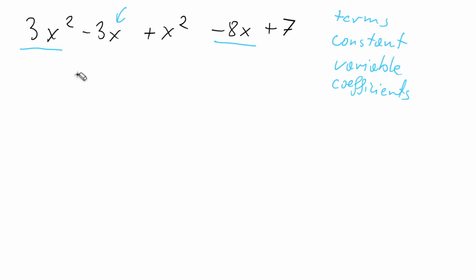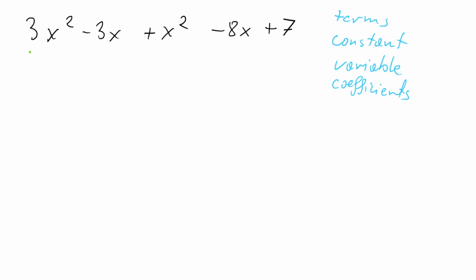To find like terms in an expression, we need to look at variables first and then look at their powers. In this case, we have one variable in the expression, x, but in some terms x is squared, and in other terms x is in its base power, x to the power of 1.